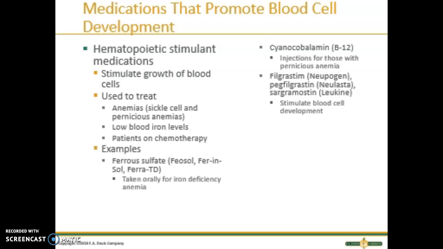This is part 2. We left off after comprehension check number 2, and now we are on medications that promote blood cell development. Hemopoietic stimulant medications stimulate the growth of blood cells, and are used to treat patients with anemia, which could be caused by chemotherapy, iron deficiency, or genetic disorders.